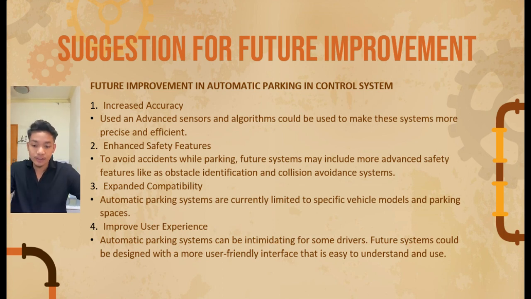It means automatic parking systems are currently limited to specific vehicle models and parking spaces. Lastly, improve user experience. Automatic parking systems can be intimidating for some drivers. Future systems could be designed to be more user-friendly, with an interface that is easy to understand and easy to use.